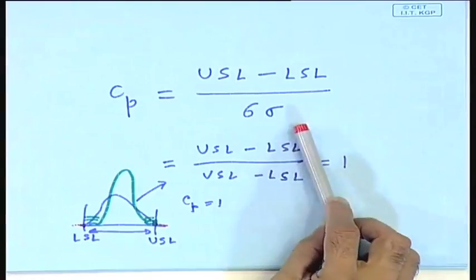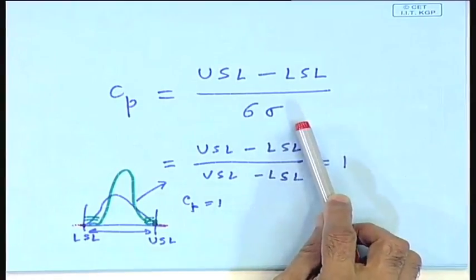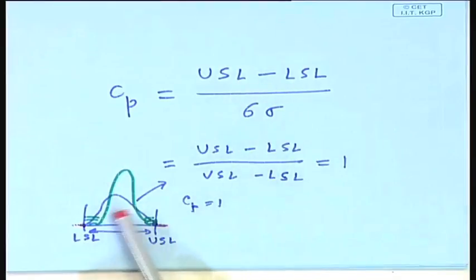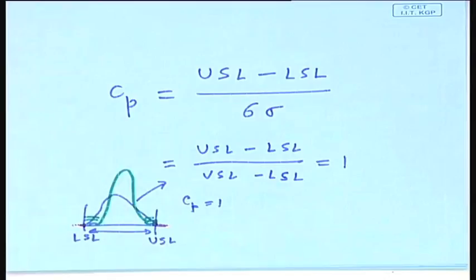In that case, you'd be using this quantity called Cp. If you use Cp, you end up with a simple formula. And this just basically gives you an idea what is the chance of my producing something that's going to be within these specification limits, because my process is pretty tight. Cp by itself does not worry about the centrality of the process.